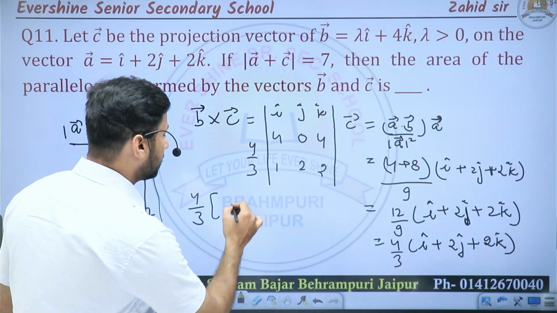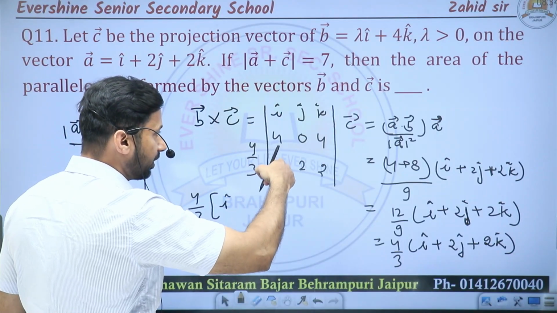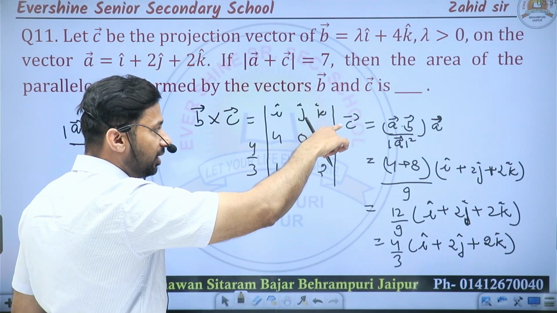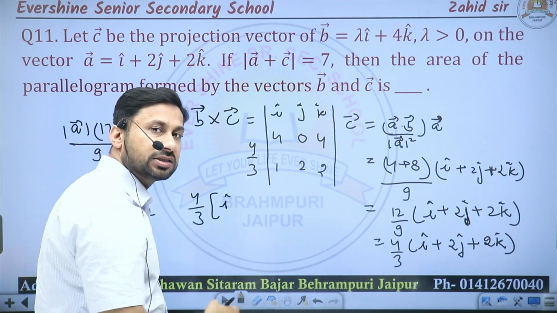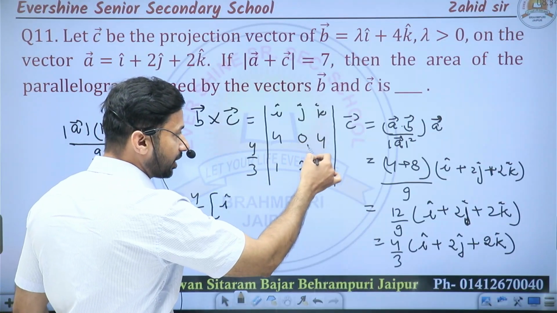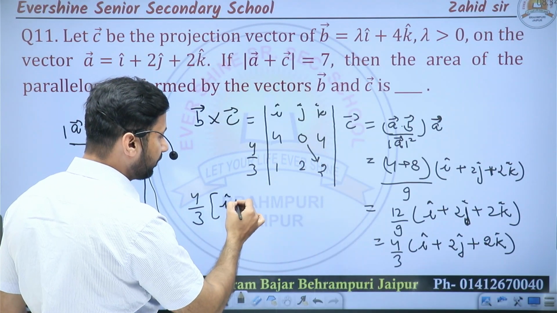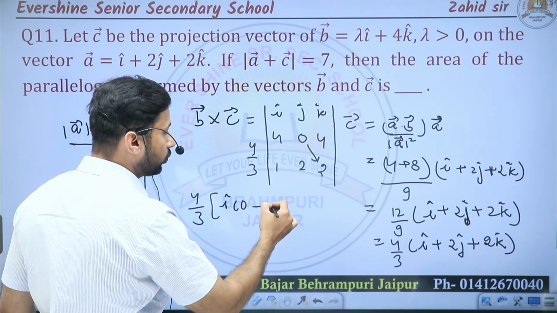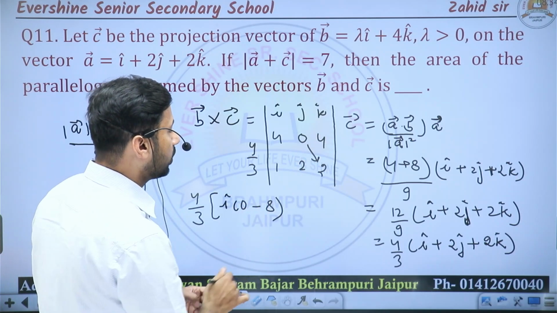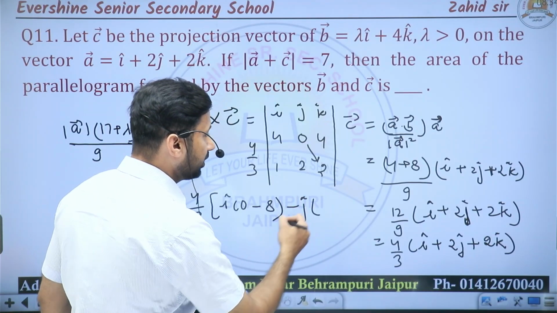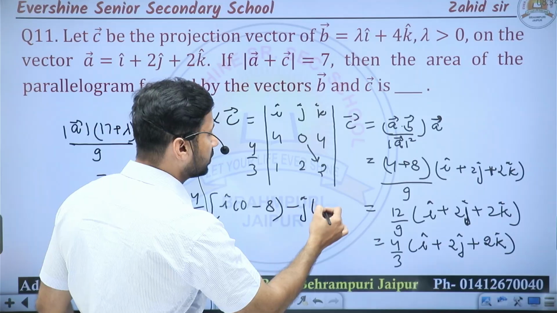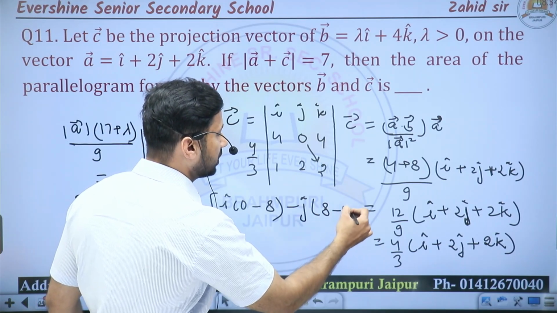I can solve it if I take i. So this first column and first row will be left, and the remaining 4 elements can be multiplied diagonally. 0 into 2 will be 0 and 2 4s are 8. Now next is j. 4 2s are 8 minus 4 1s are 4.